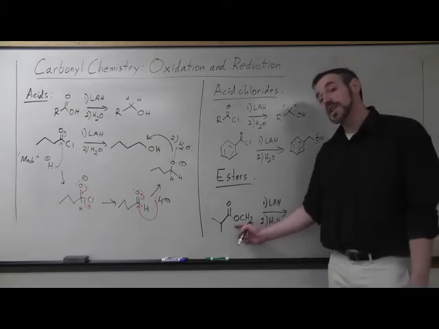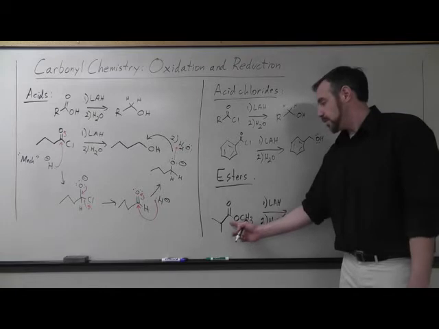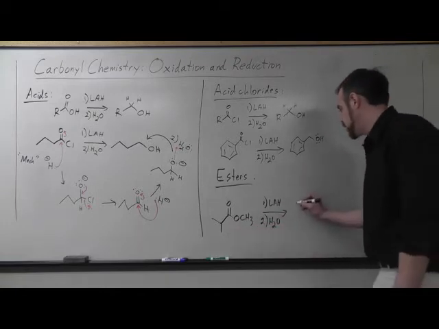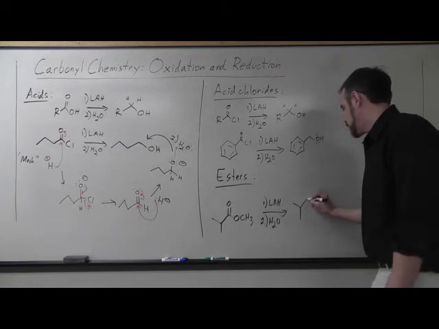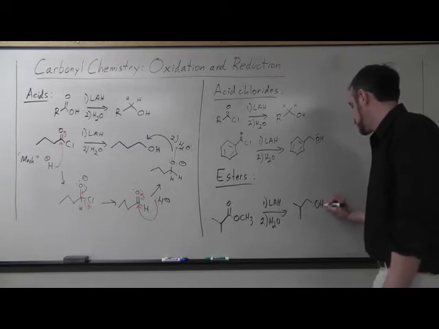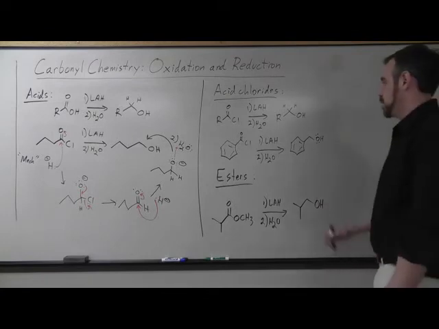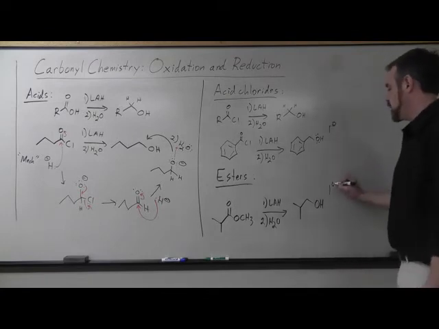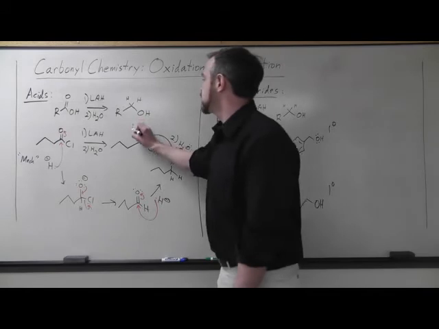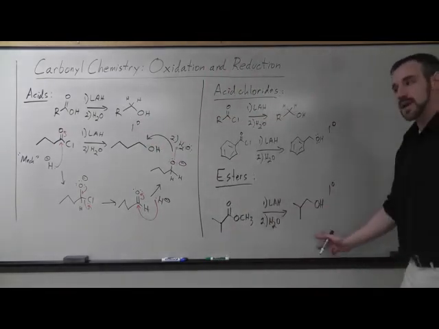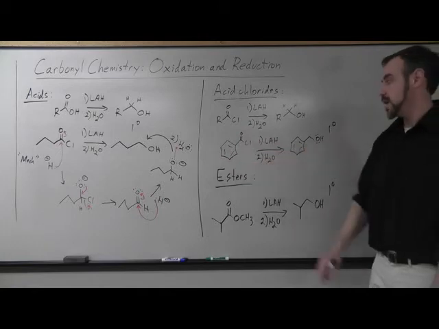Instead of having hydroxide leaving, we'll have methoxide as the leaving group. This will go through an aldehyde intermediate. And so we get, again, a primary alcohol. So you're always getting primary alcohols as products in these reactions. You can work through this mechanism in the same exact way.